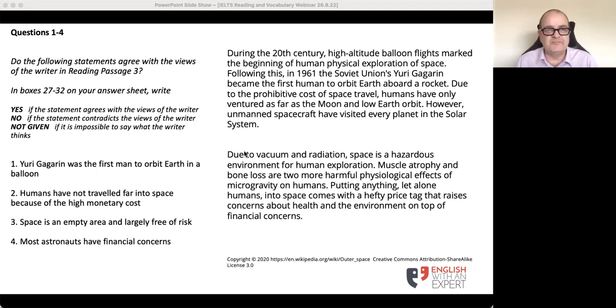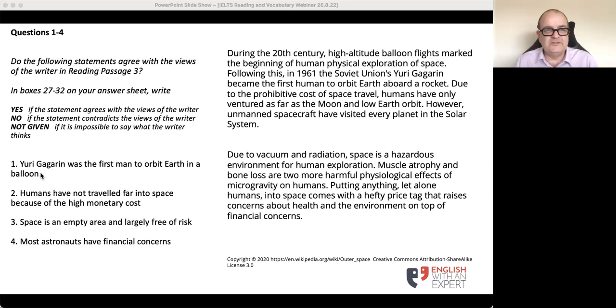If it says the same thing, let me give you a tip here. Often, the key words to underline are the subject, the verb, and the object: Yuri Gagarin, orbit, the balloon.